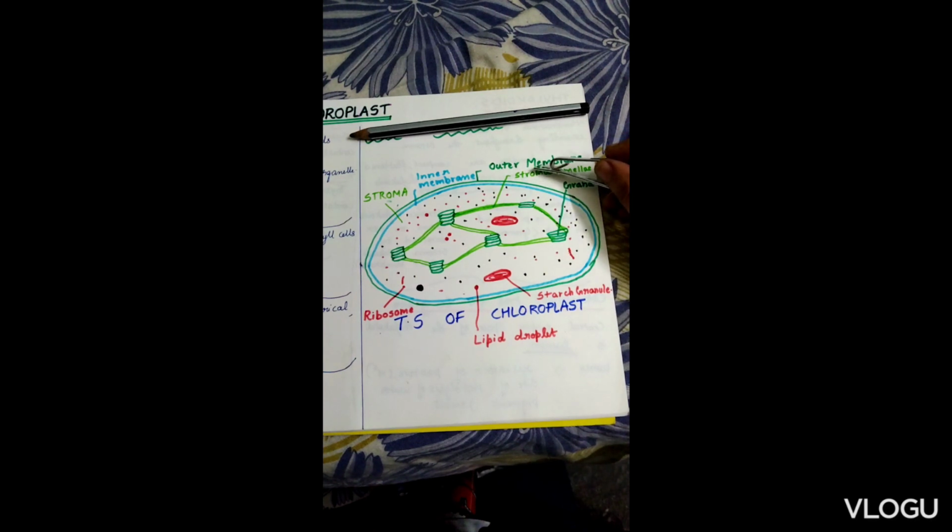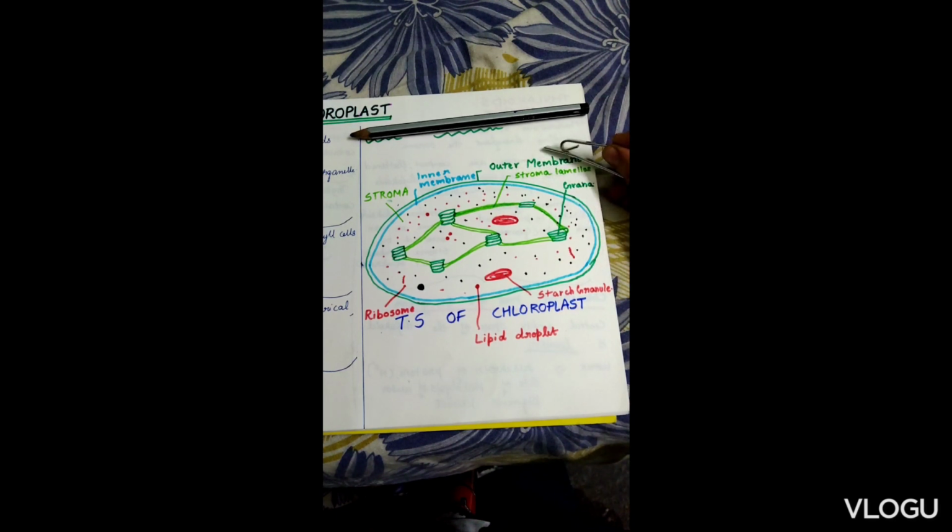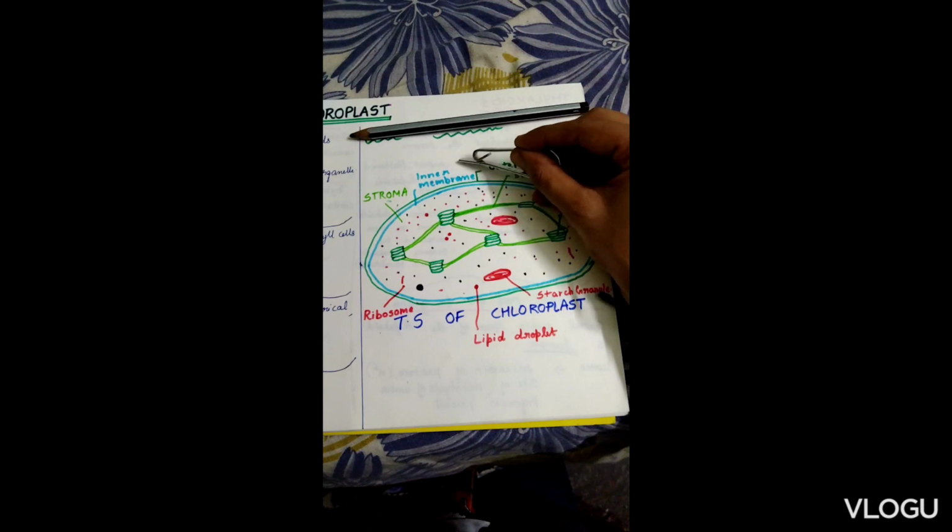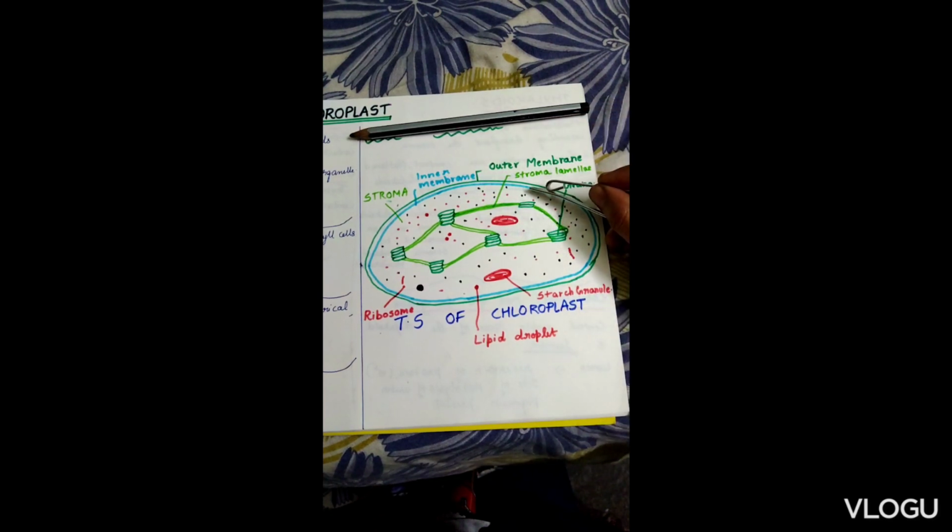So chloroplast is a double membraned structure. In between the two membranes you can see a white colored space, that we call the periplastid space.